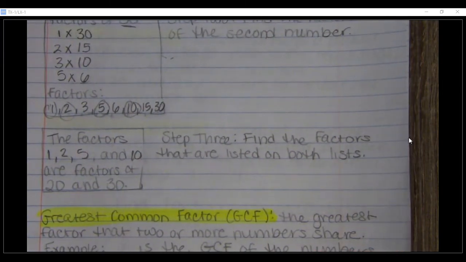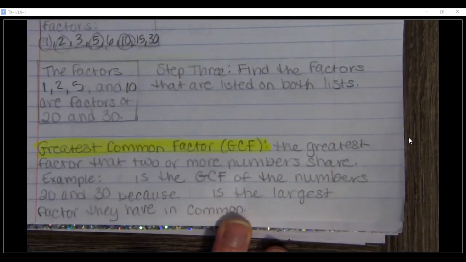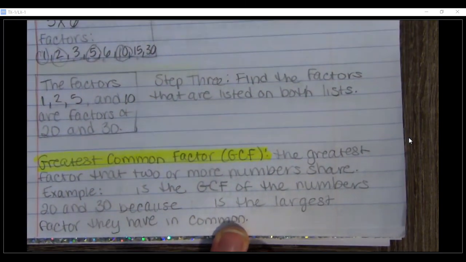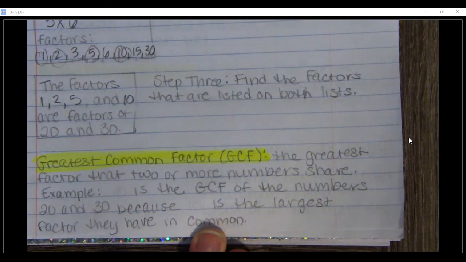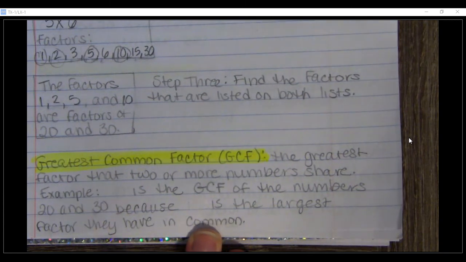Now, just like with multiples, they're going to ask you to find one particular number, and that is going to be the greatest common factor, often written as GCF. The greatest common factor is the number that 2 or more numbers share when factored.